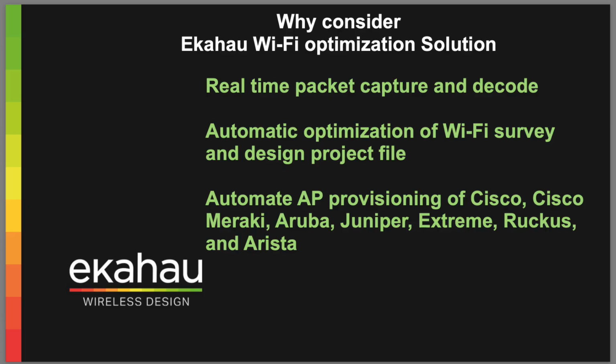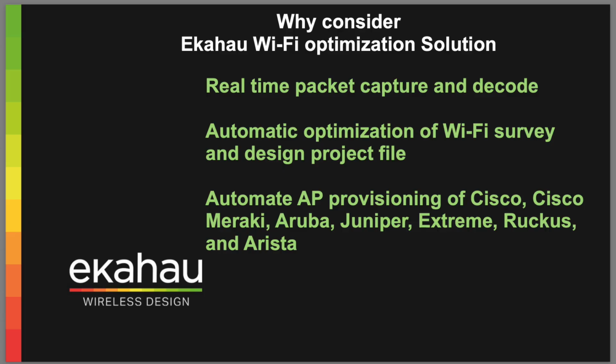That means that we can get a project file that has been surveyed. We look at the key metrics and we can see what needs to be done to improve that wireless network with the existing infrastructure that is there, which is very important.